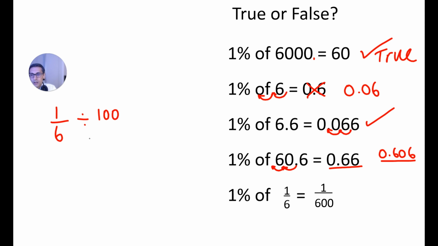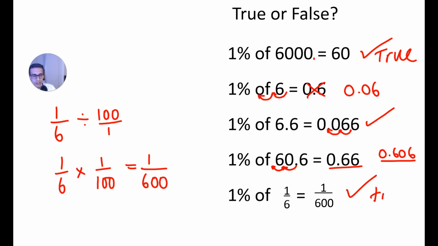Now if you remember from your fraction skills, dividing by a number is the same as multiplying by the reciprocal, and that becomes 1 times 1 is 1, 6 times 100 is 600. So we can see this is true.